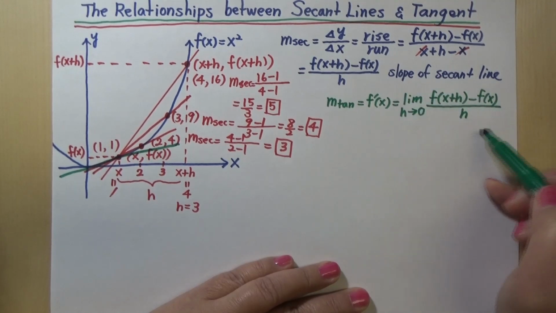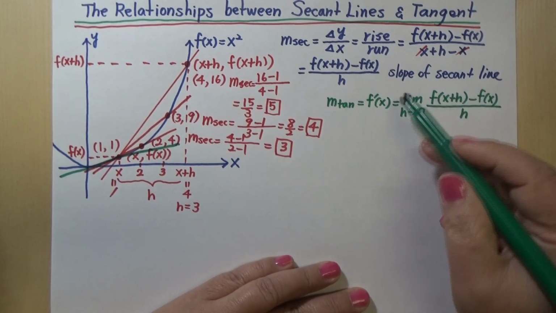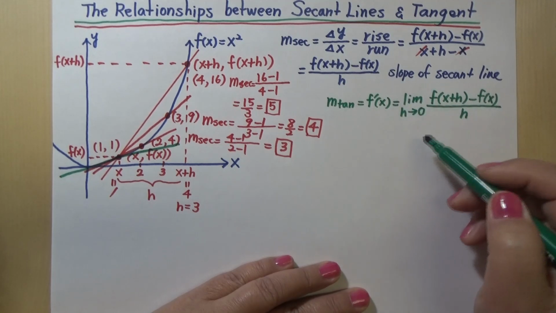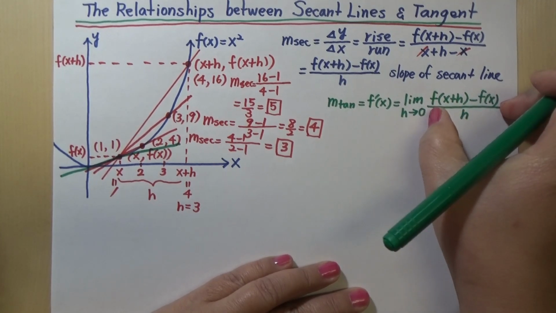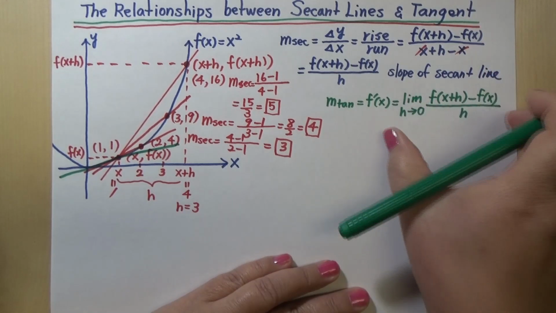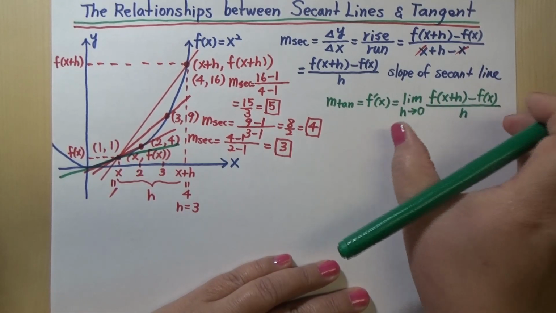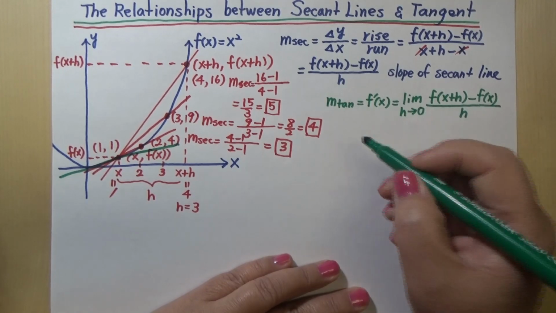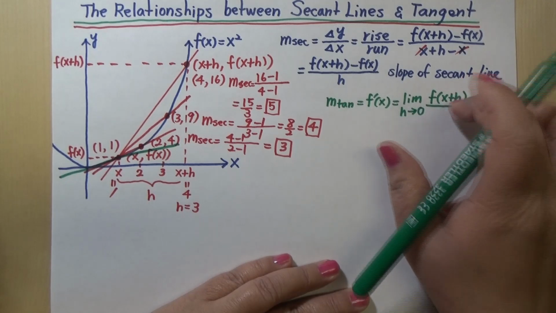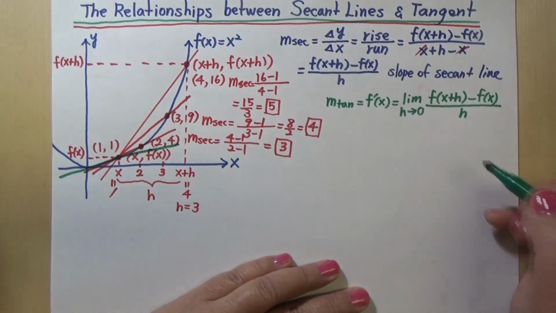This part is the slope of the secant line, and once we use the limit, the whole thing is going to be the slope of the tangent line. So now I have to plug x plus h into x squared.